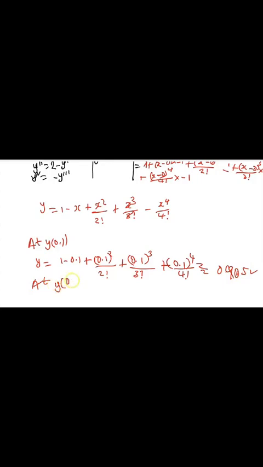Now we do again at 0.2. So I will do 1 minus 0.2 plus 0.2 squared divided by 2 factorial plus 0.2 cubed divided by 3 factorial plus 0.2 power 4 divided by 4 factorial.